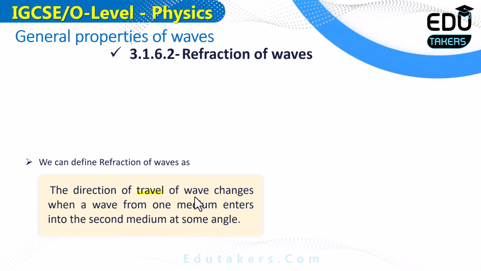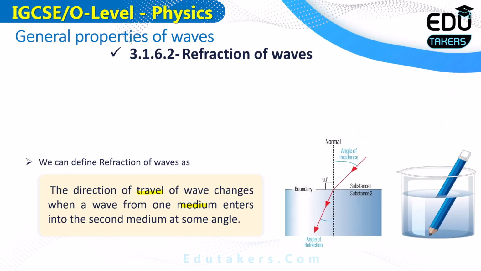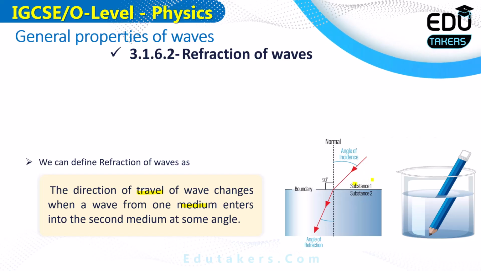The direction of travel of the wave changes when a wave from one medium enters into the second medium at some angle. In this diagram, you can see the incident ray is shown in red, and first of all it is in substance 1.